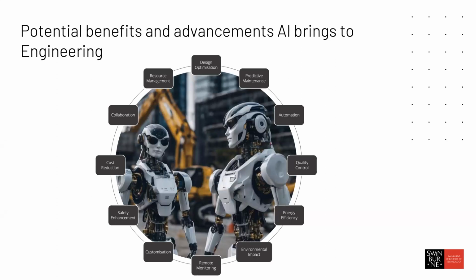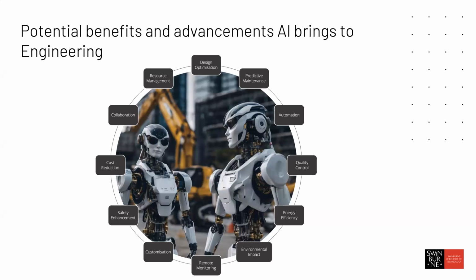AI can also support remote monitoring. Engineers can remotely monitor and control systems and equipment, which is particularly useful for infrastructure in remote or hazardous locations. Nowadays, people use cameras and drones to do remote monitoring.